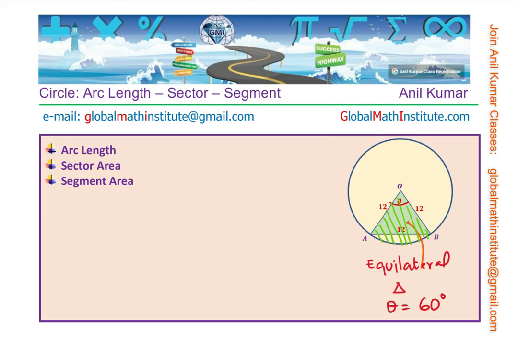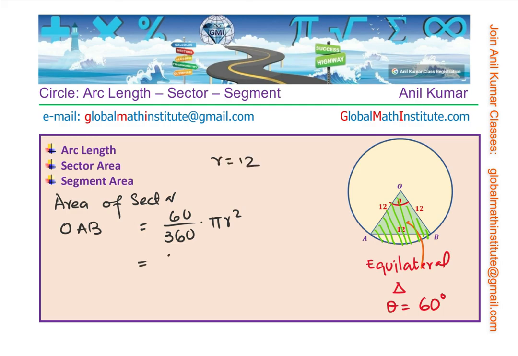So let's find the area of the sector OAB. So it is equal to the angle theta, which is 60 degrees, divided by 360 times pi r square. And in this case, r is equal to 12. Substituting 12, we get 60 divided by 360 times pi 12 square.